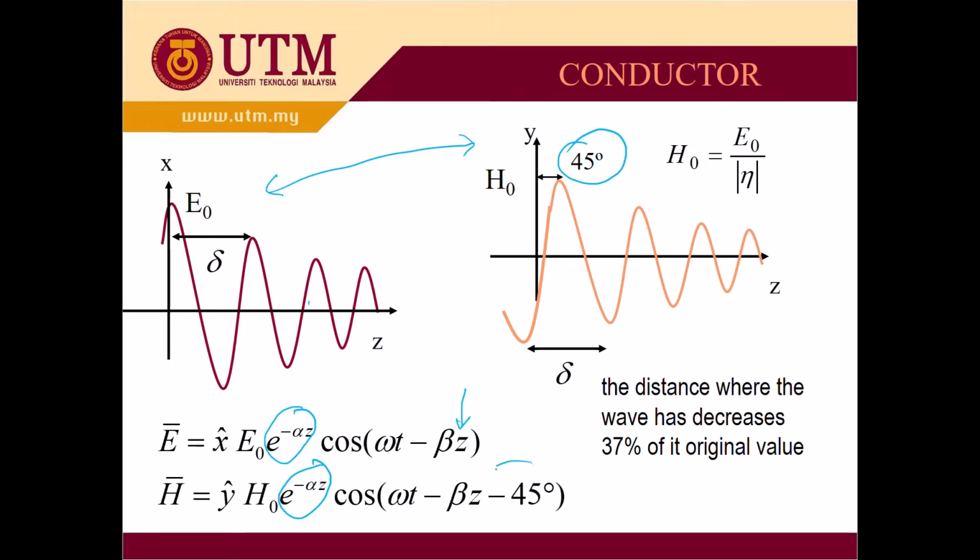Here we have the phase delay of 45 degrees. So this is the skin depth, the distance where the wave has decreased to 37% of its original value. This represents the skin depth of the electric field, the penetration of the field inside the conductor.